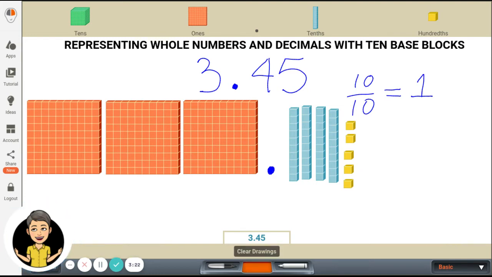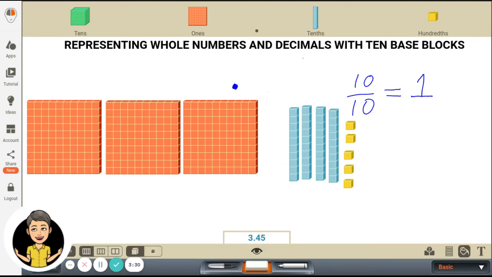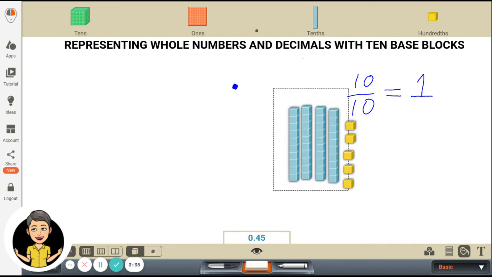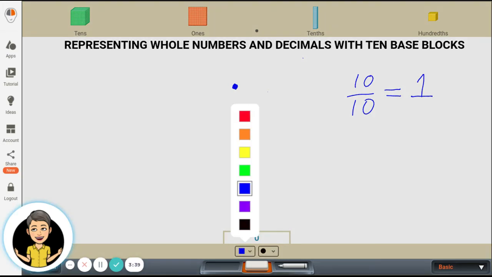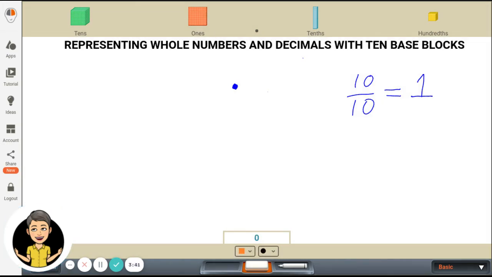Let's represent one more number, and then it's going to be your turn to do it independently. We're going to represent one more number, and then you're going to do it by yourself.